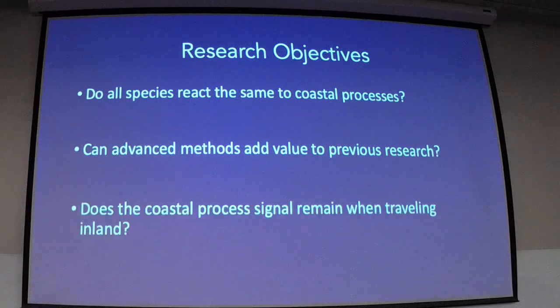And finally, since we're getting a degree in geography today, does the coastal process signal remain if we travel elsewhere? Does that spatial signal exist just in this one site in Mississippi, or are we talking about multiple sites further down the line?